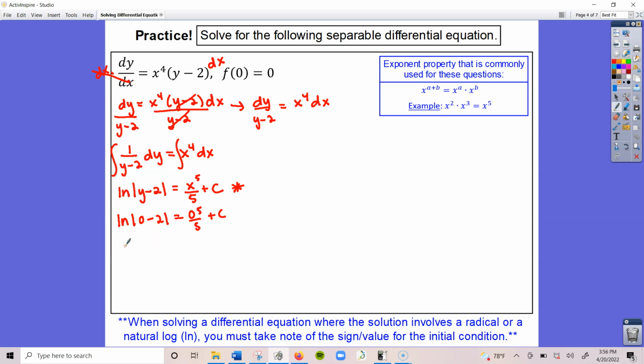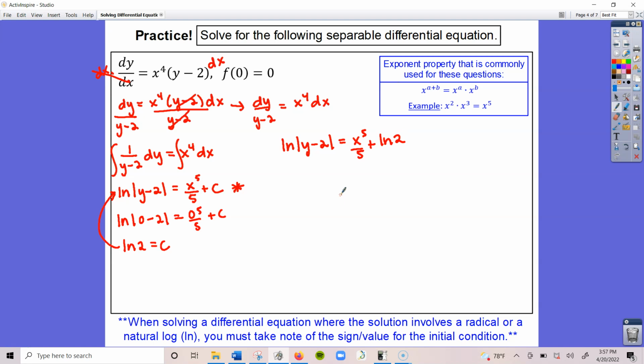And because it's an absolute value, this will make it the ln of positive 2 is equal to, this is 0 plus c, so c. So now we have our c. So I'm going to take that c and plug it into my general solution. So we have the ln of the absolute value of y minus 2 is equal to x to the fifth over 5 plus the ln of 2.